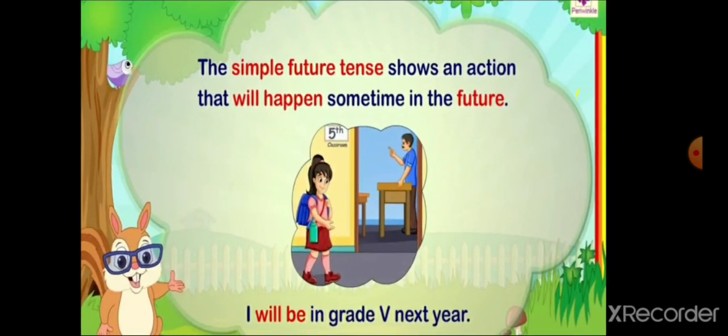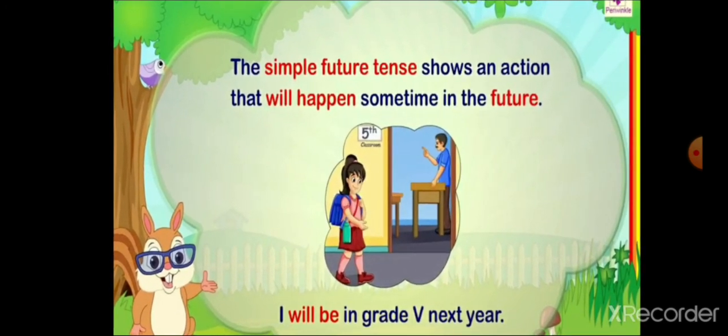The simple future tense shows an action that will happen sometime in the future. Means simple future tense is the sentences which shows that the action will happen in the future. There is no right time when the action is performed. No specific time is given, but we can say that the action is being performed sometime in the future. Let's see the example.